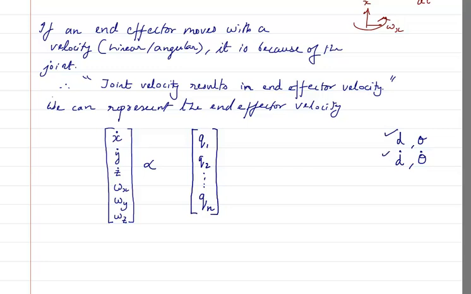Okay, so here we have said that joint velocity results in end effector velocity. So this is the end effector velocity that we have already written. So here we should write the joint velocity. If any manipulator is having n number of joints, the joint velocity, that is q1 dot, q2 dot and qn dot, is going to define the equation.